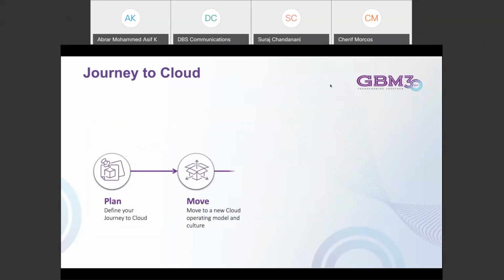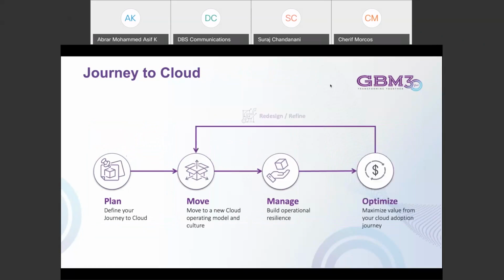Going from here, I would draw your attention to the next few slides that would cover a typical journey and all the elements that are involved in that journey to cloud as you start conceptualizing your move from on-prem to a public hybrid setup. So most organizations need to plan their move. Once planned, it needs to be executed. Once executed, the new environment is drastically different from the legacy IT environment, and it needs to be managed.